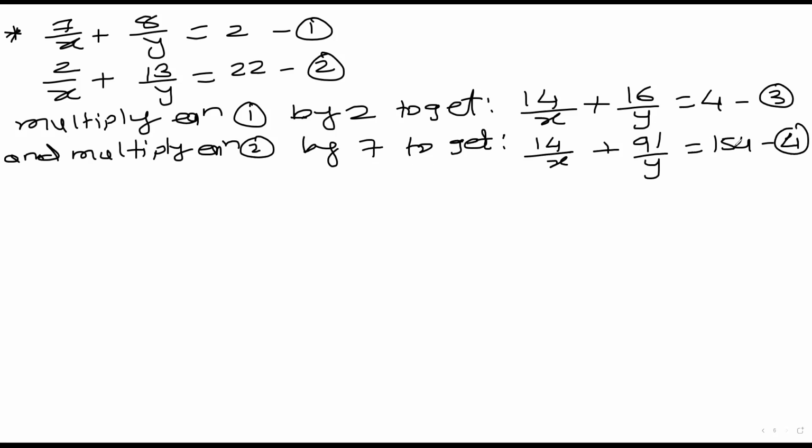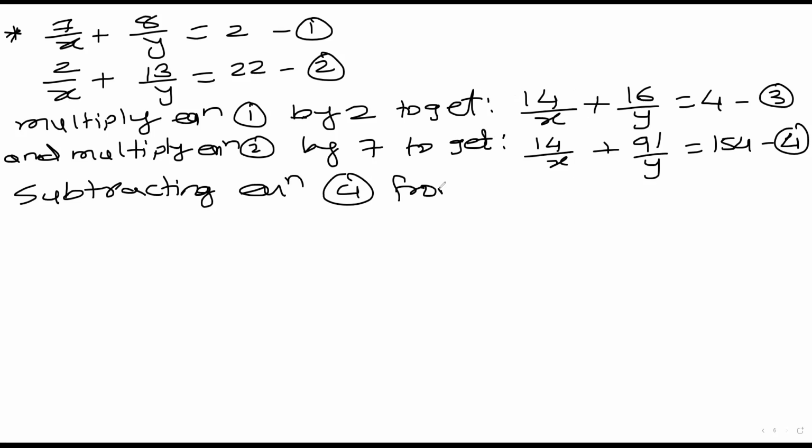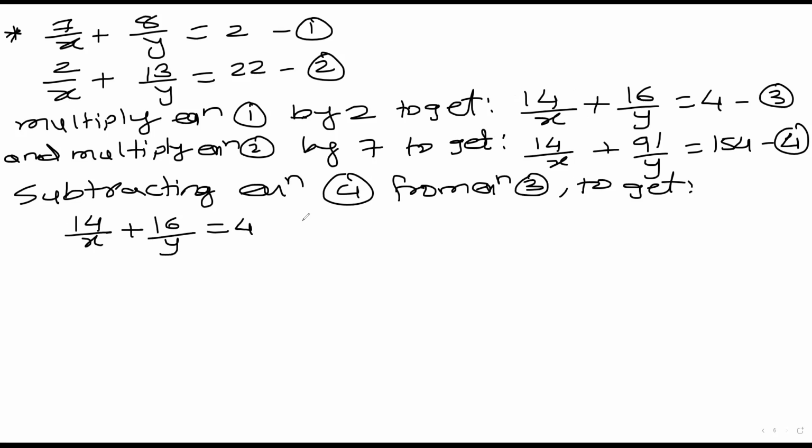Okay, now you can see that we can eliminate 1 upon x. How? By subtracting the two equations. So we'll say subtracting equation 4 from equation 3 to get. 14 upon x plus 16 upon y is equal to 4, equation 3.